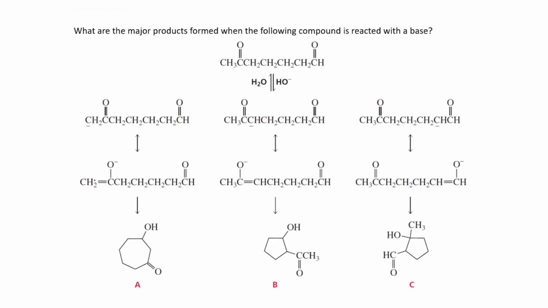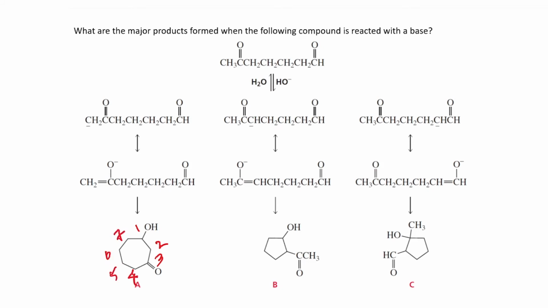The enolate can undergo an intramolecular aldol reaction, and it gives you this ring. Let me number this ring: 1, 2, 3, 4, 5, 6, 7.